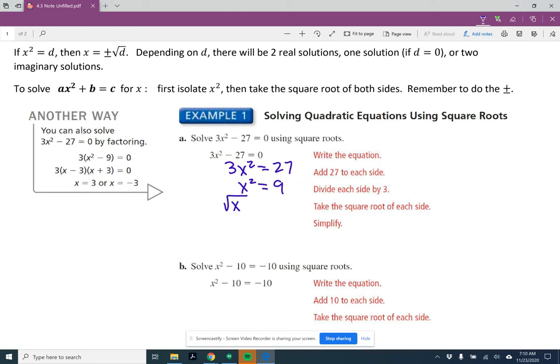So square root of x squared equals plus or minus, don't forget the plus or minus, square root of 9. And then we simplify. So we get x equals plus or minus 3. So we get x equals 3, x equals -3. So two solutions, 3 and -3. And over here on the side, it shows you how that would get you the same solutions if you solved by factoring.